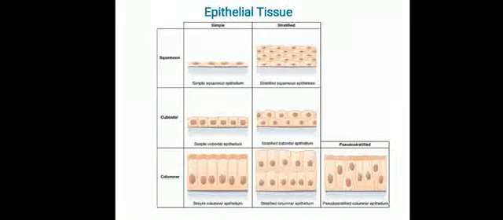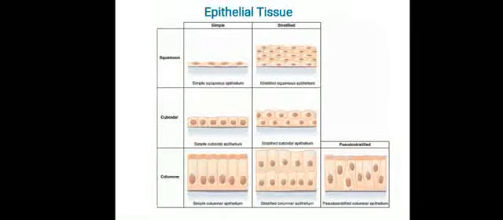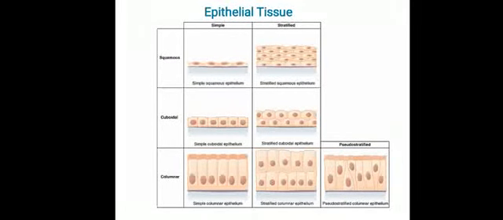So that is it. Then we have simple cuboidal. The simple cuboidal epithelium has a cube shape and is arranged in a single layer. And we have stratified cuboidal, which is arranged in two layers of cells, and it has cube-shaped cells.